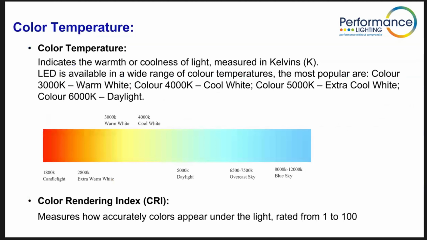So colour selectable is a good feature. To be fair, it's not available in all products, and it's not suitable for all products either. But from a wholesaler's point of view, it makes stocking much easier because they only have to stock one product to cover all three colour temperatures.